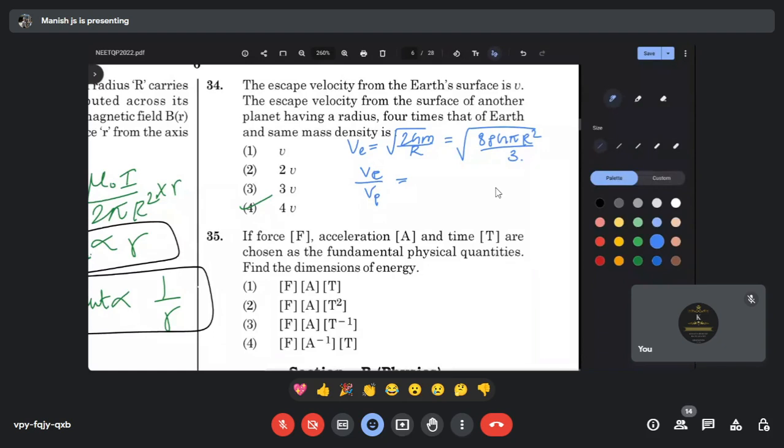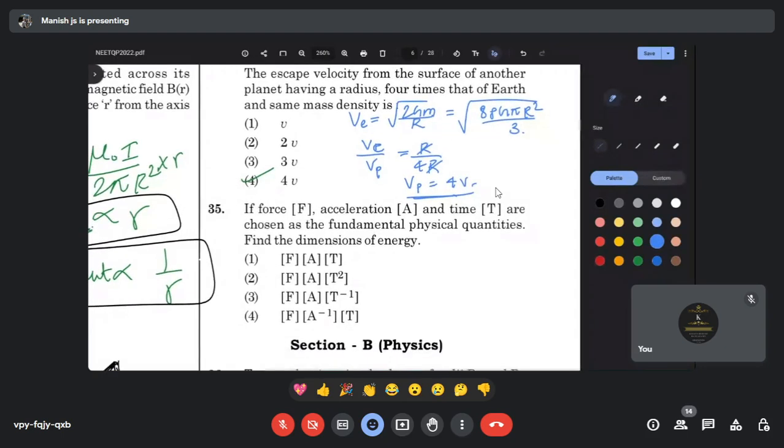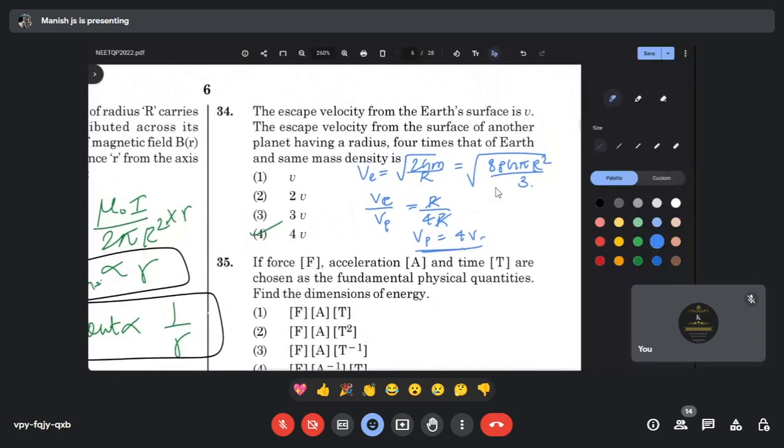So r upon 4r, because it is 4 times. When you relate, r is going to get cancelled off, and finally you get V2 is equal to 4V. Yes, 4. That's all. So therefore the answer is option 4.